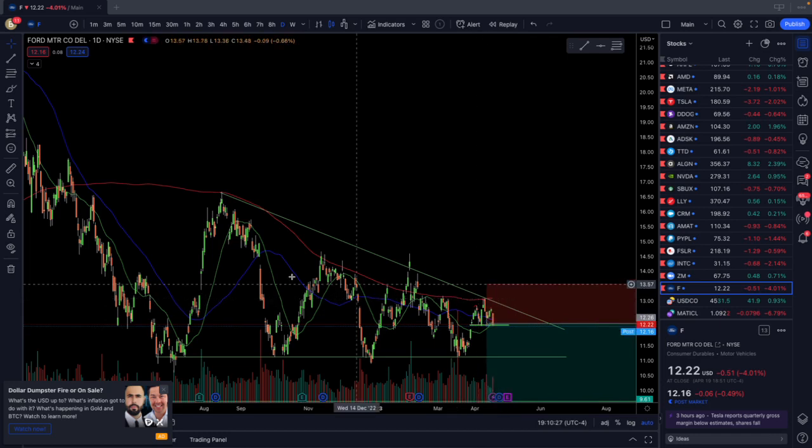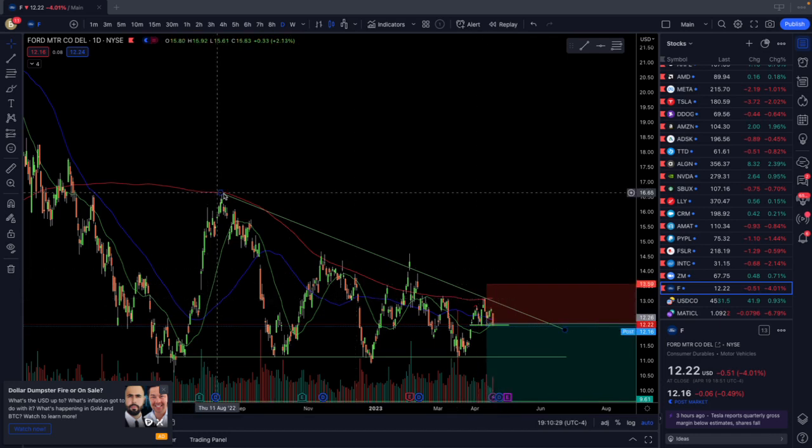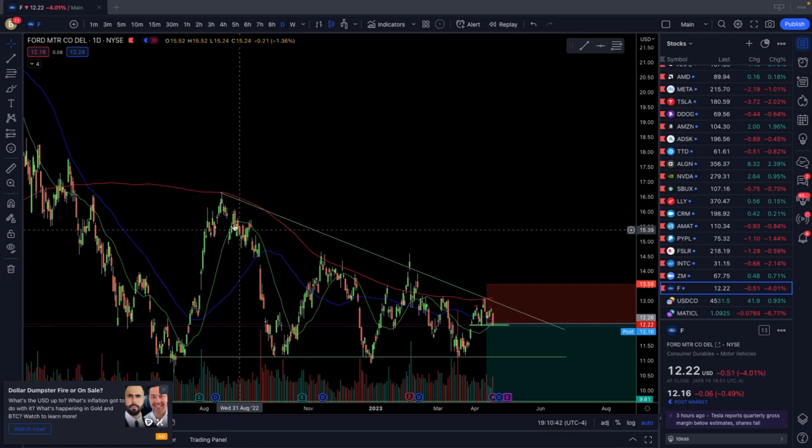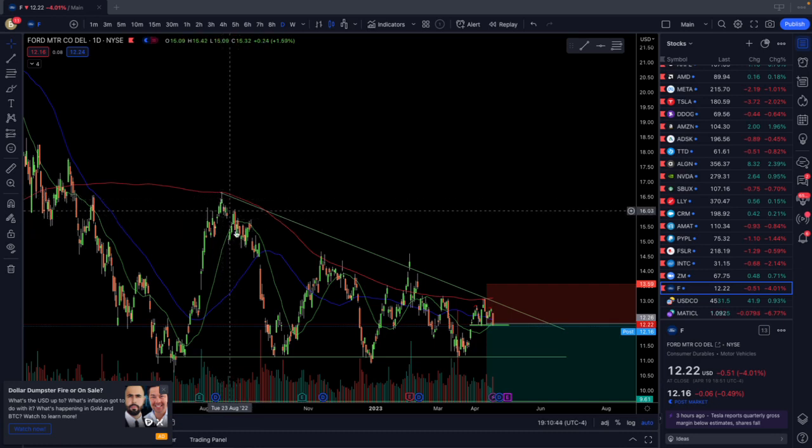And as you can see in the past, the 200-day moving average has served as resistance, meaning that prices have gone up to meet this certain level where the 200-day SMA is, the simple moving average. And what happens? It gets rejected.